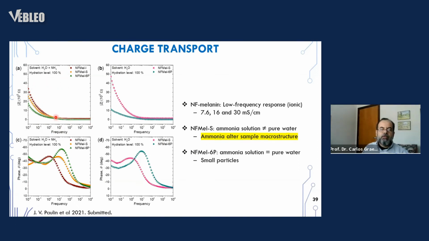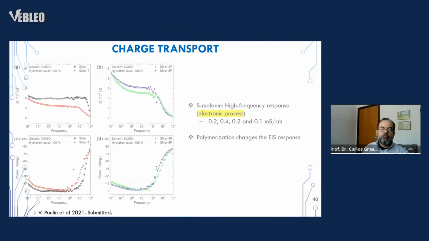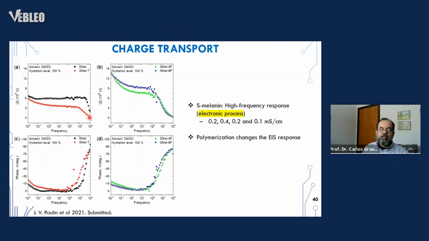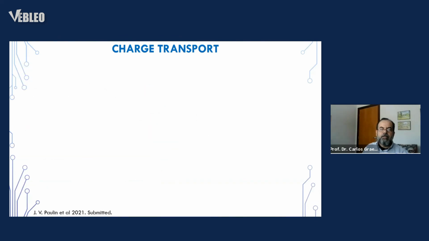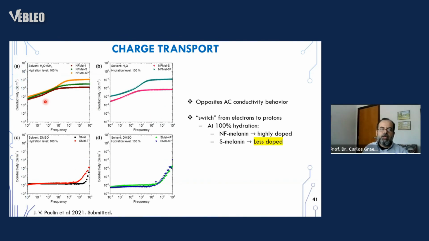We have typical dependence that can be correlated with ionic conductivity, which is very different from the S-melanin, where the electronic character of the conductivity dominates the impedance plots. Okay, so you can see this maybe easier here when we compare directly the NF and the S-melanin concerning the conductivity as a function of frequency.